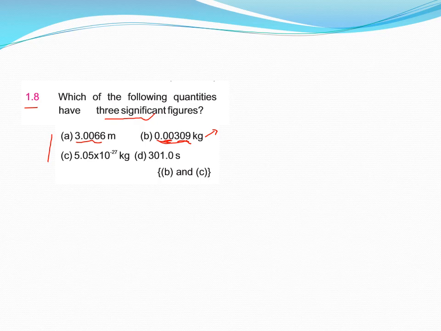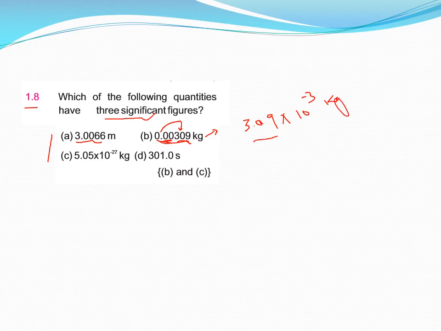You can also understand it if you convert it into scientific notation. So how to convert it into scientific notation? Bring the decimal point here after 3. How many places do you have to move this decimal point towards the right? 3 places. So it can be written as 3.09 times 10 raised to the power minus 3 kg.